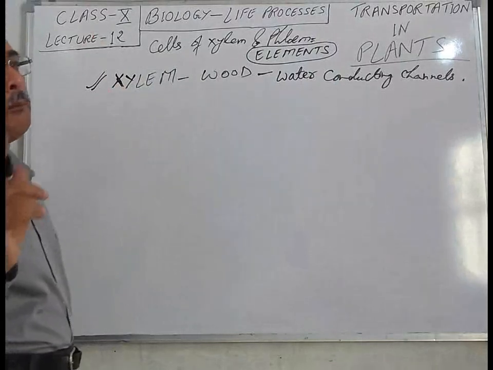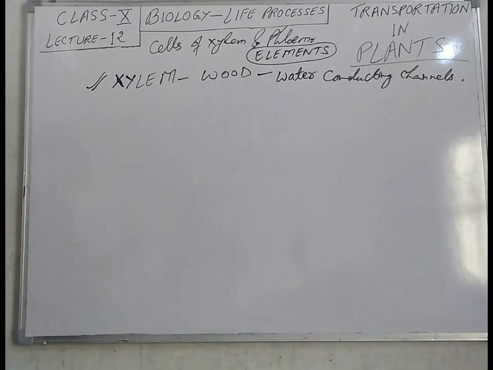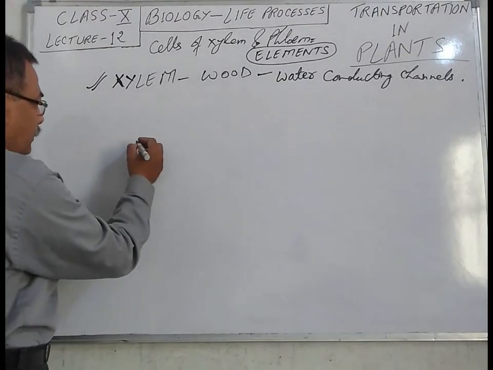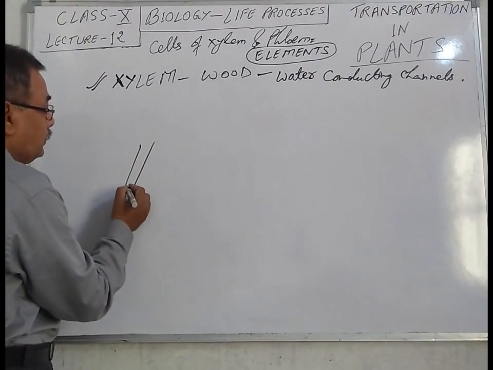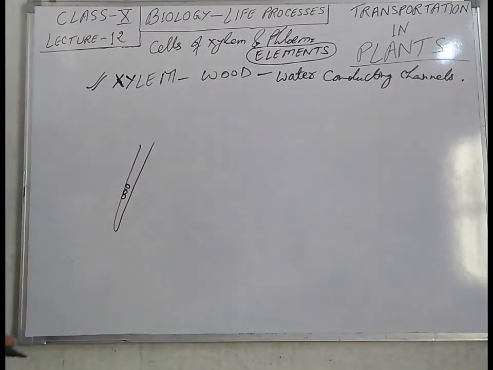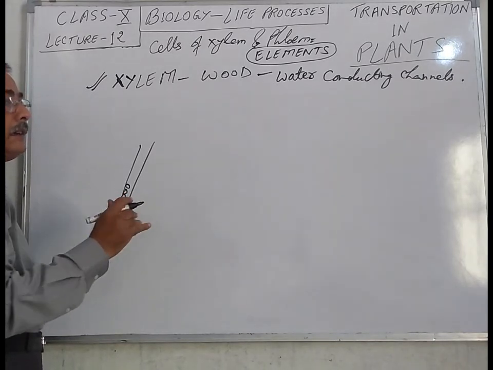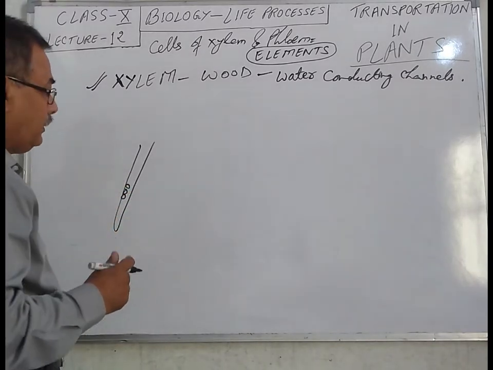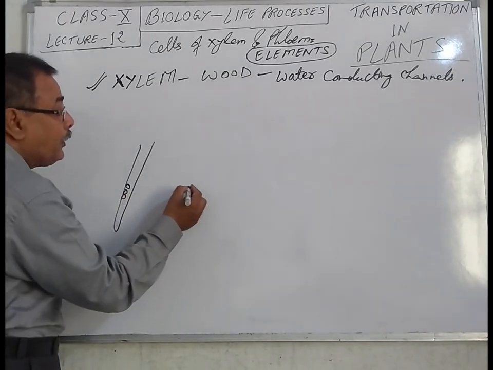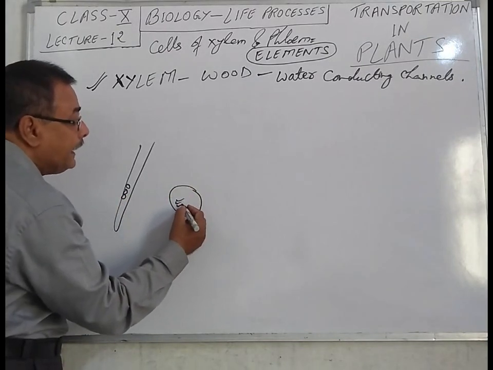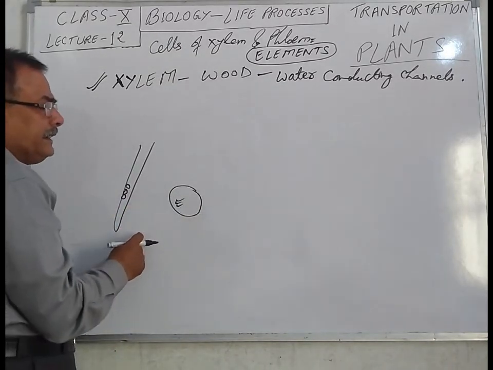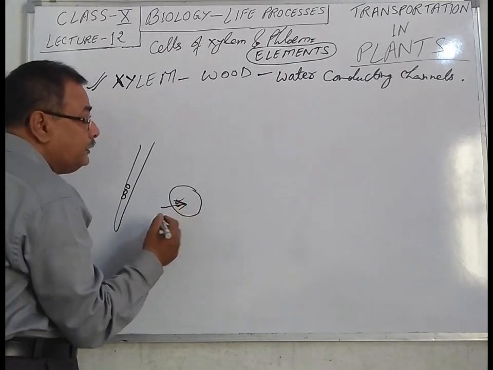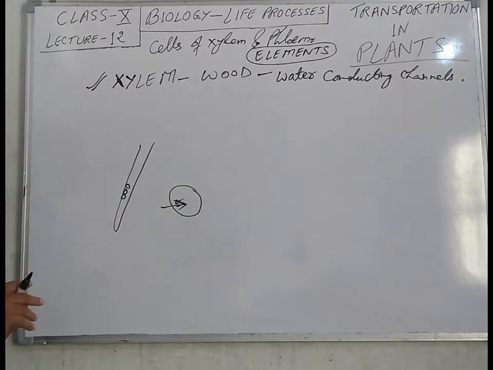The part of the plant which is in contact with soil is the root. The cells of the root are in direct contact with the soil, and these cells actively take up ions so that the concentration of ions in the cell is greater than on the outer side. To minimize this difference, water enters into the cells of the roots.